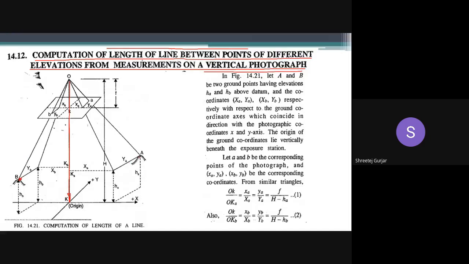This is point A, this is point B, and we are computing the length of the line AB. But the thing here is these two points are at different elevations. They are not level, not at the same elevation. Suppose this is B and this is A. We are going to find the length of the line AB of two points which are at different elevations, using a vertical photograph.